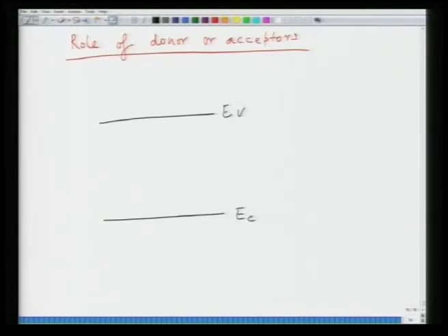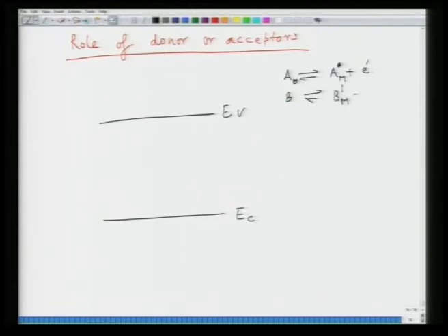I said that in a semiconductor, when you put an impurity, let us say A, it goes to the M site, and if you put B, B goes to the M site.